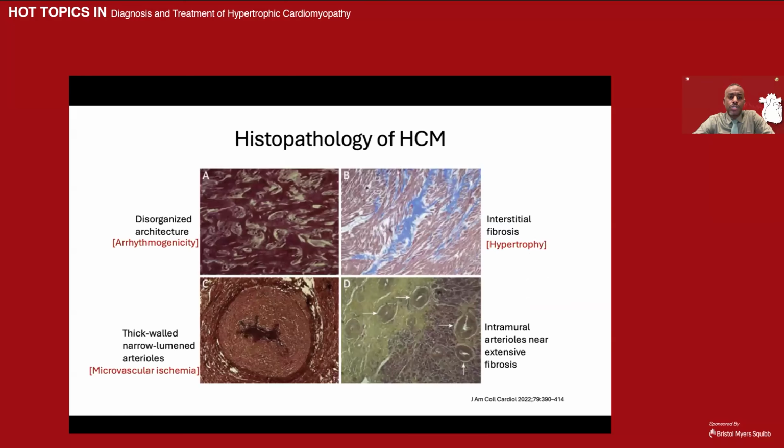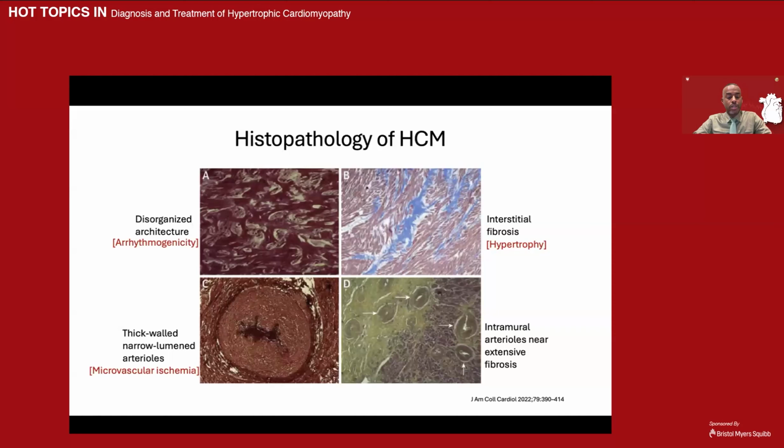Well, the histopathology, so classically from medical school, we all know about the myocyte disarray and the disorganized architecture, which is associated with arrhythmogenicity. But there's also a new understanding of interstitial fibrosis and how that is really what leads to the hypertrophy in the heart, so to say.